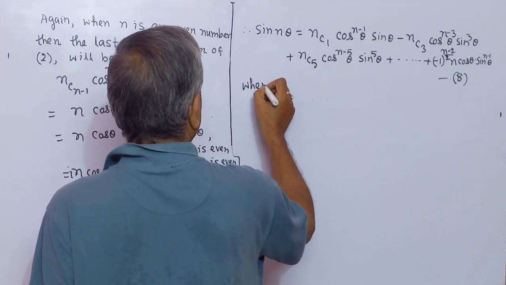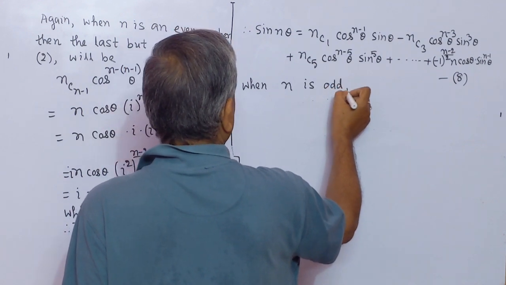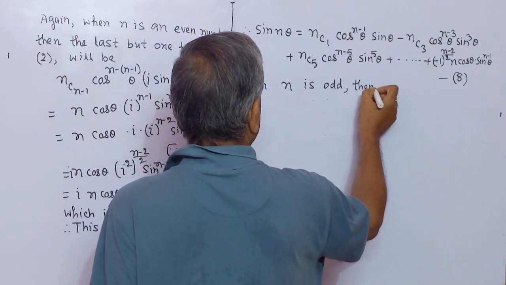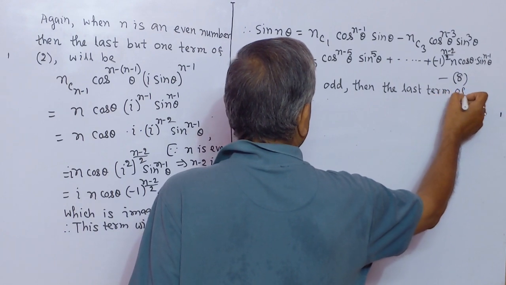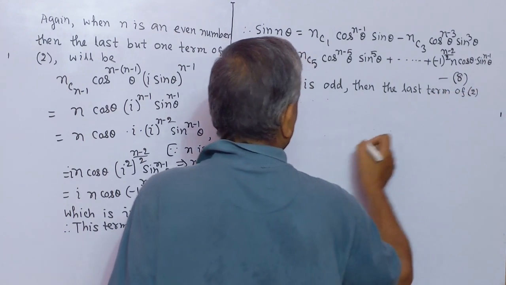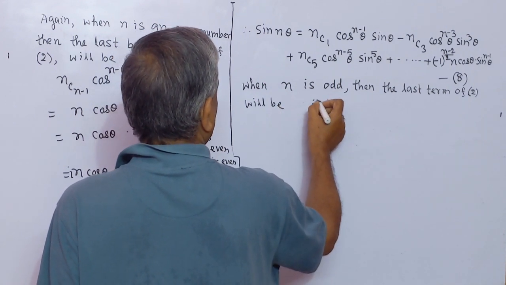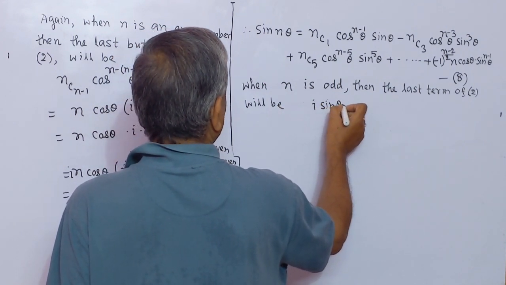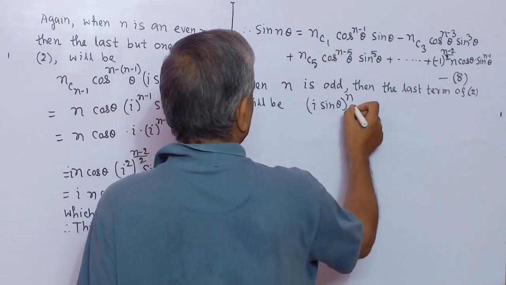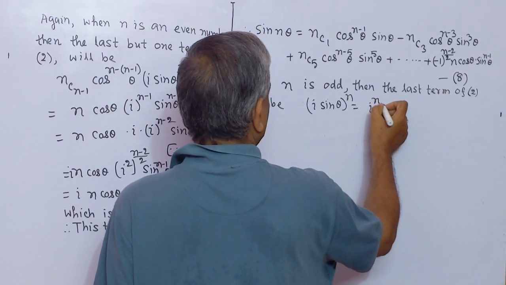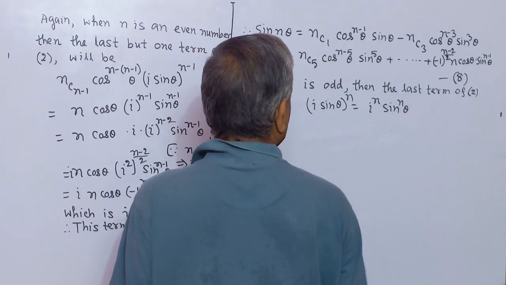When n is odd, then the last term of 2 will be (i sin theta) to the power n, and this will be equal to i to the power n sin to the power n theta.